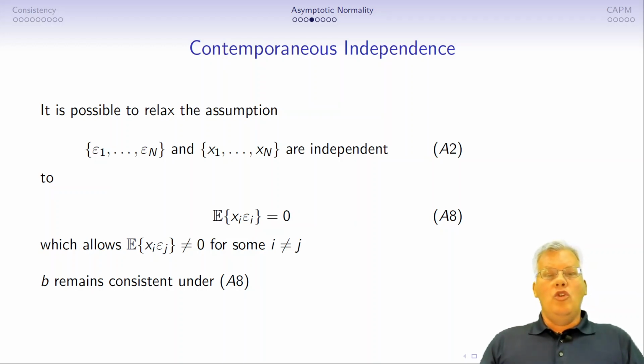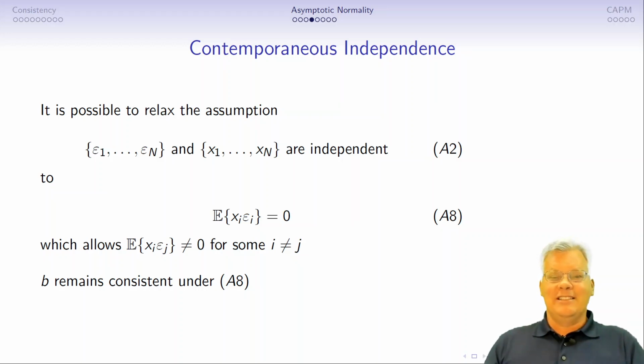Now, you remember one of the Gauss-Markov assumptions, assumption A2, was that the epsilons and the x's are independent across all elements of the sample. Assumption A8 significantly relaxes this.